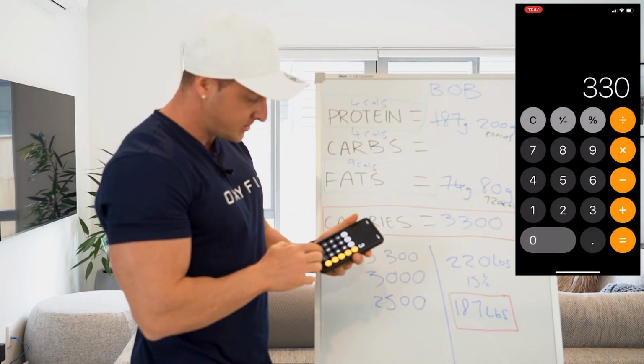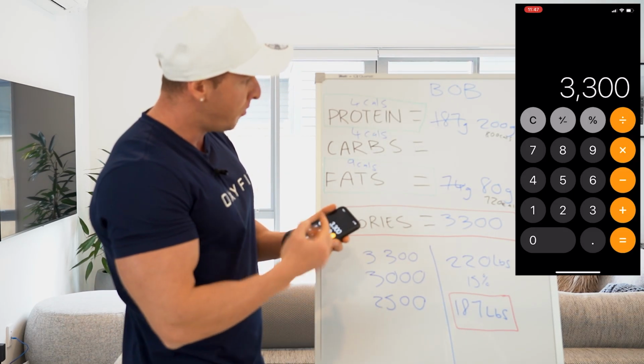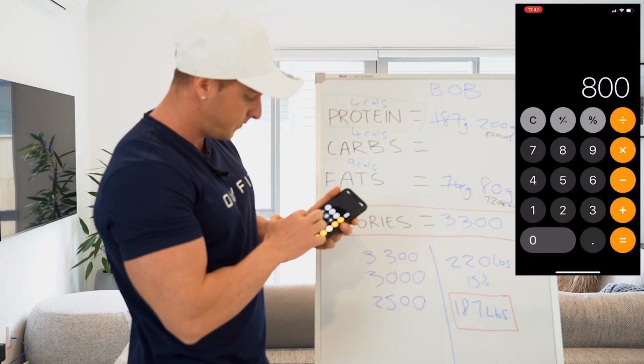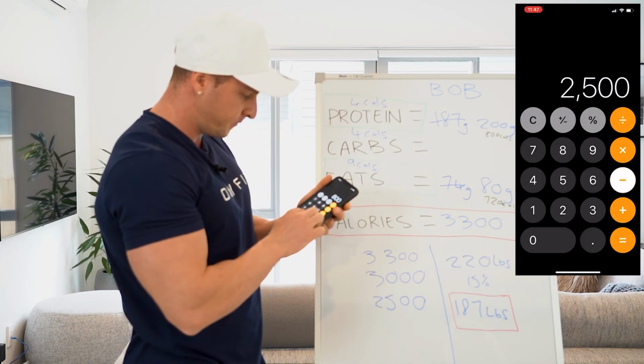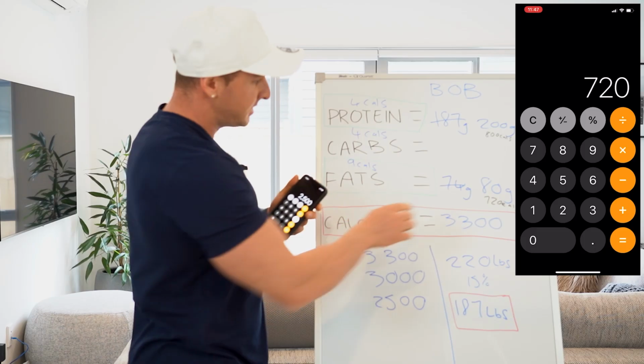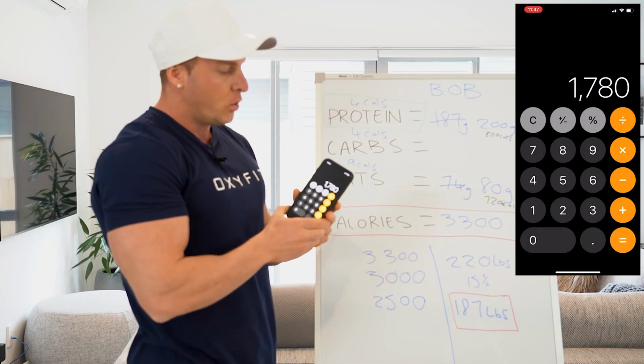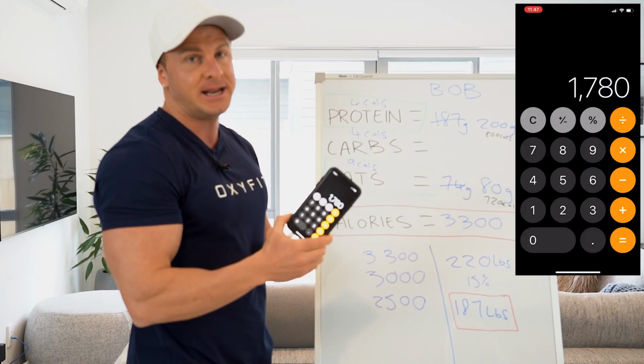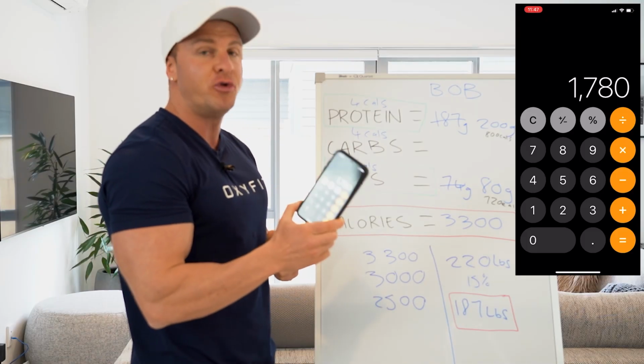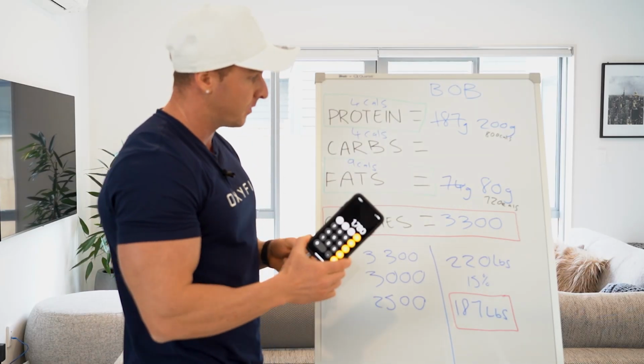So 3,300 calories minus 800 calories minus 720 calories equals 1,780. So we've got 1,780 calories left.